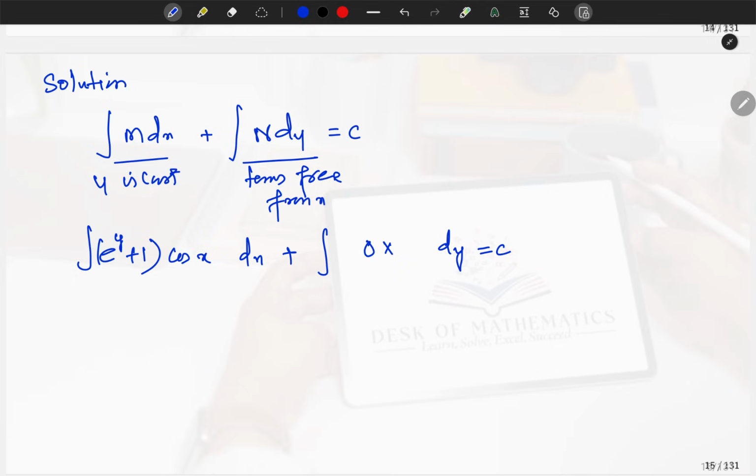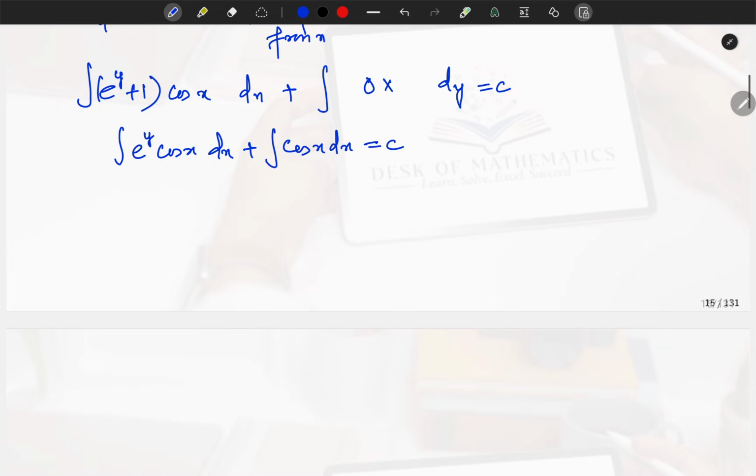And here what we have now is e^y cos x dx, plus the integral of cos x dx is equal to c. So now y is constant, so it is e^y times the integral of cos x dx plus the integral of cos x dx plus c.